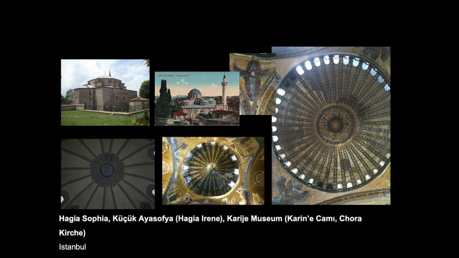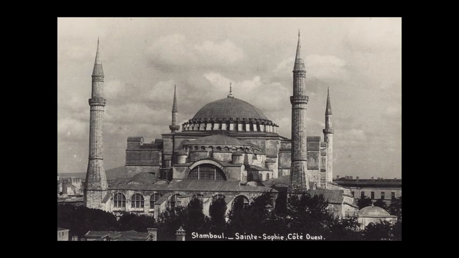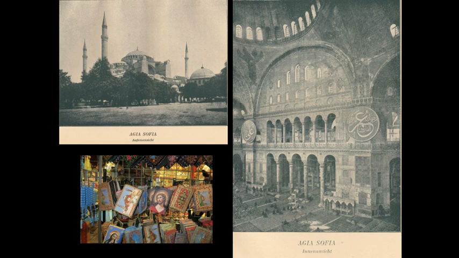On the right you have again the view into the dome, into the cupola of Hagia Sophia, and on the left there is a reconstructed image of one of the important angels. Well, this is an image of the Hagia Sophia being a mosque. It was changed into a museum in the 1930s, and as I said, is it now again a mosque?